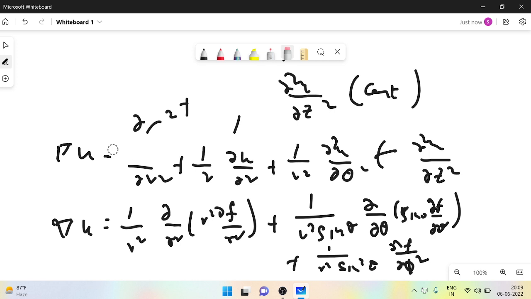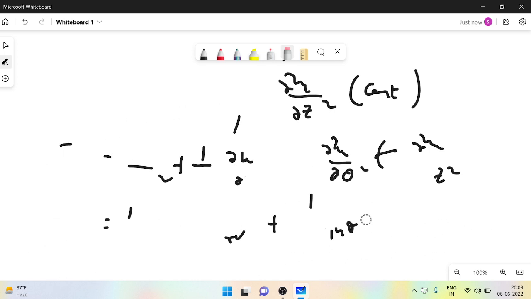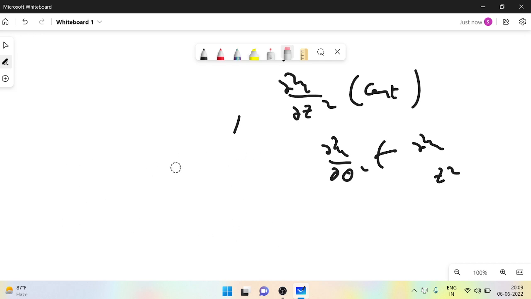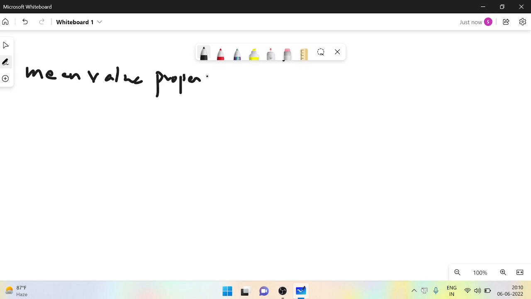Once we try to solve this, you see some amazing equations. Now I'll start discussing some interesting properties of the Laplace equation. Firstly, I'll discuss the mean value property of harmonic functions.